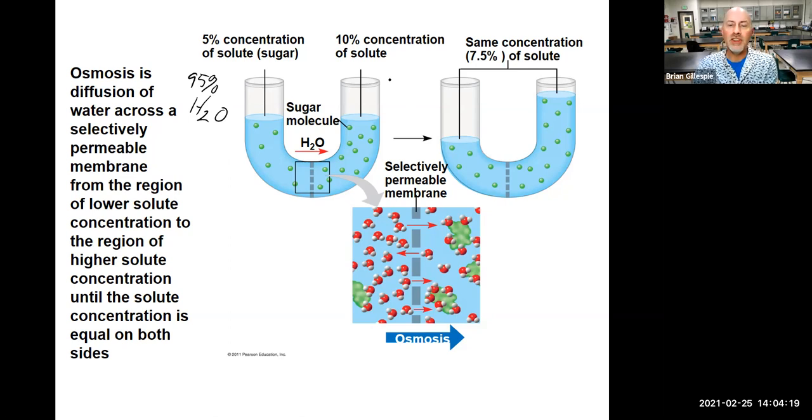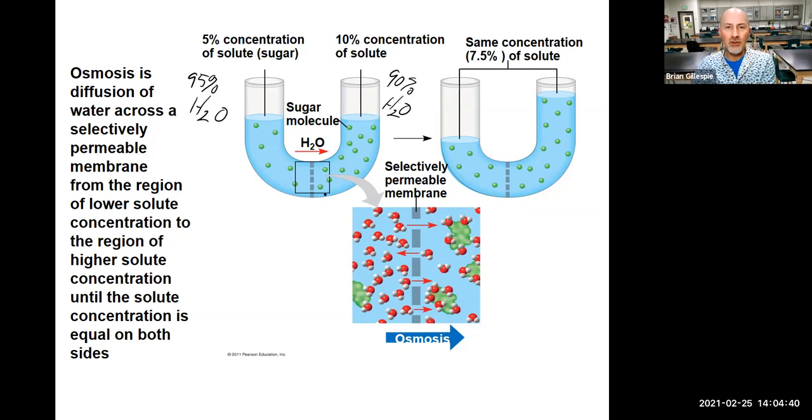But then if you look at the fluid on the right side of the tube and on this side of the membrane, this is a 10% sugar solution. And so if 10% of the molecules are sucrose, that means that the other 90% are water on this side.